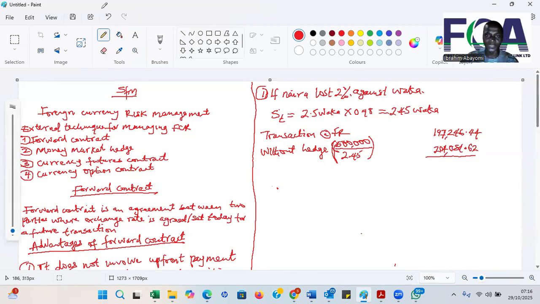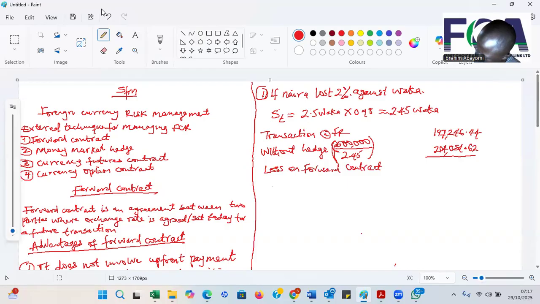Therefore, there's a loss. Loss of how much? Loss on forward contract is 197,246.44 minus 204,081.62.